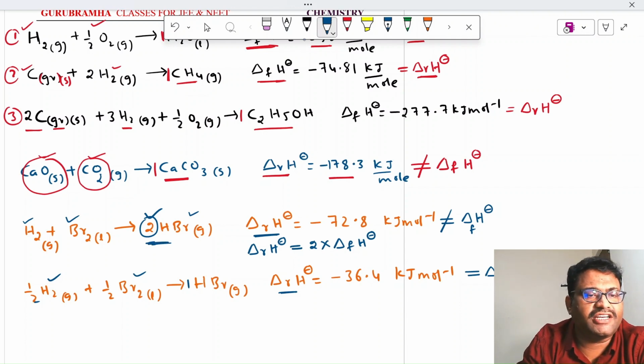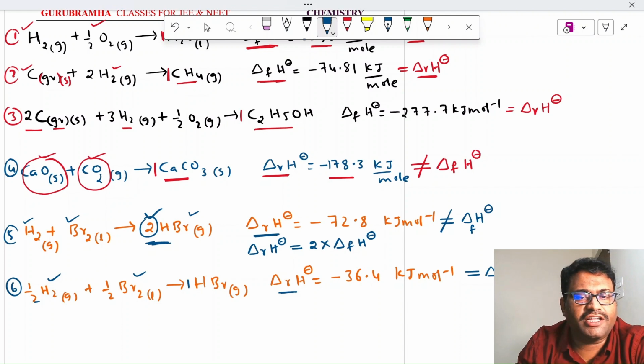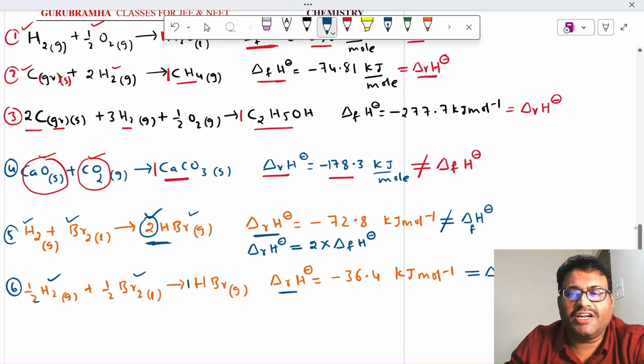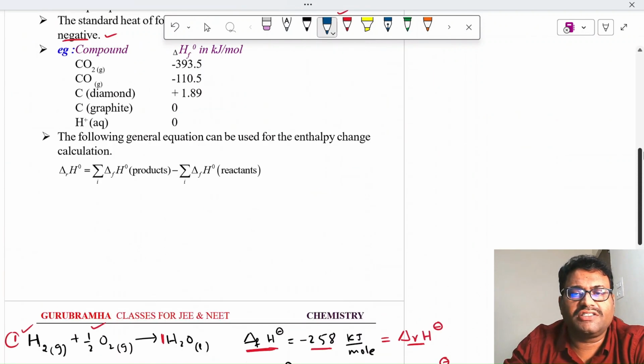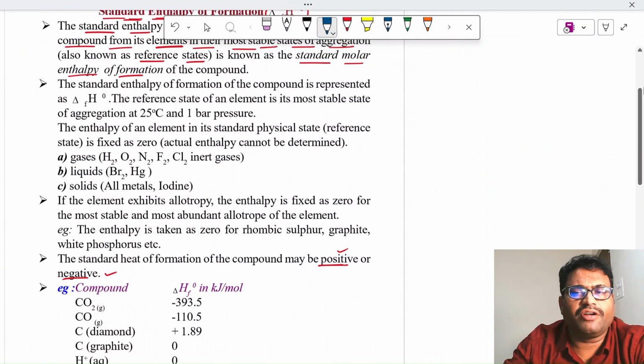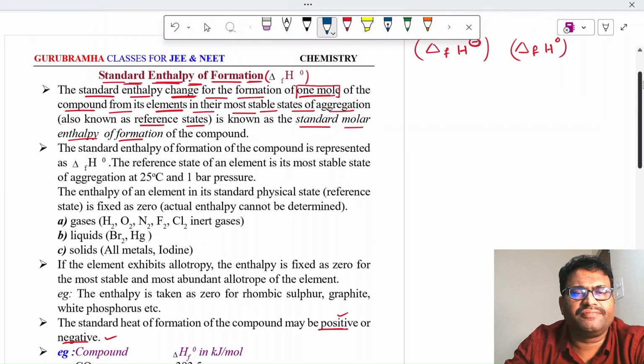Let us take it as the fifth reaction. For the fifth reaction, the standard enthalpy of reaction, minus 72.8 kilojoule per mole, is equal to 2 into the standard enthalpy of formation, because 2 moles of the compound are formed. Okay, so that is about your standard enthalpy of formation, right?